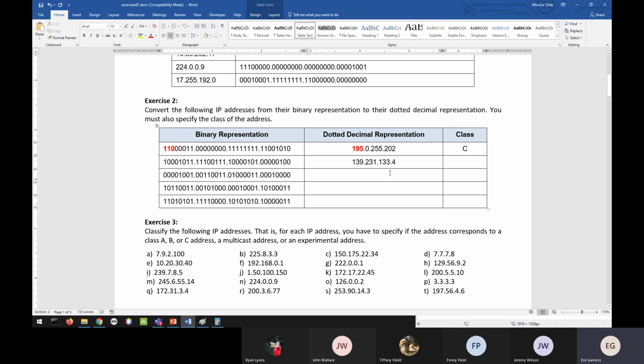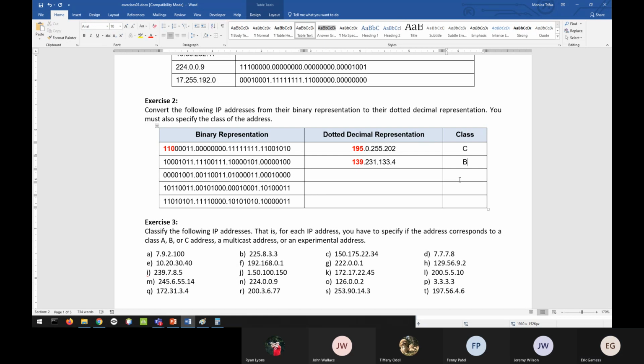What class is this? So I can look at this number. This number is between what and what? Exactly, between 128 and 191. So when it's between 128 and 191, what can we say?